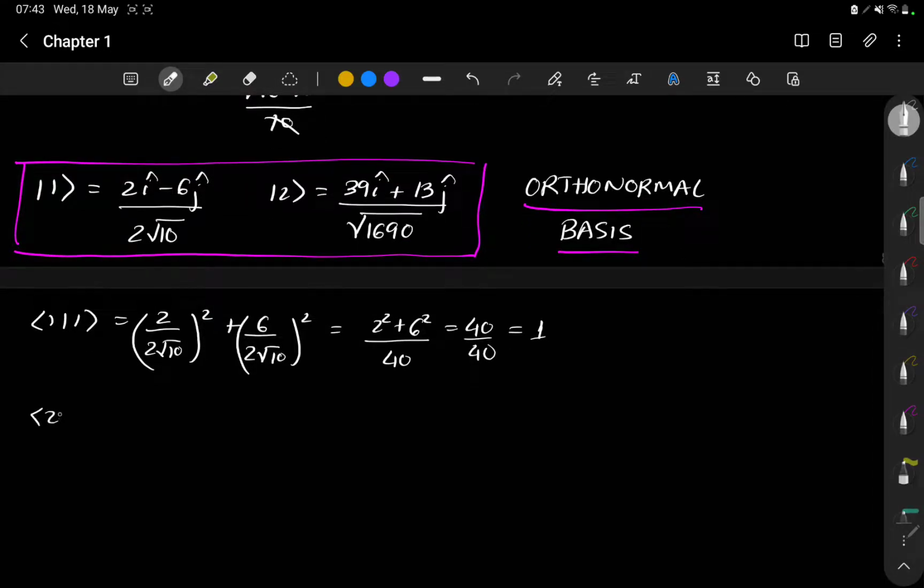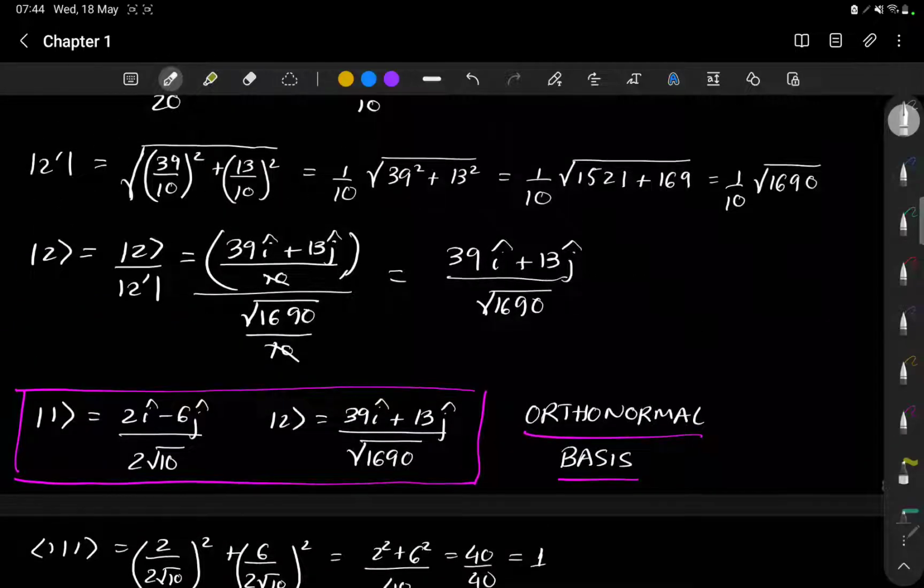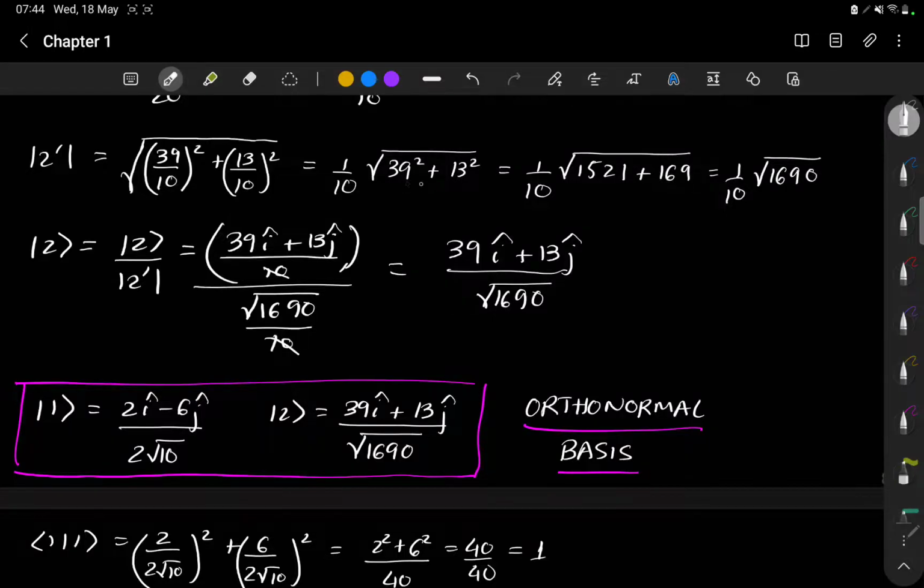For the second vector, again we will take its dot product with itself, and this 39 squared plus 13 squared we had seen over here.